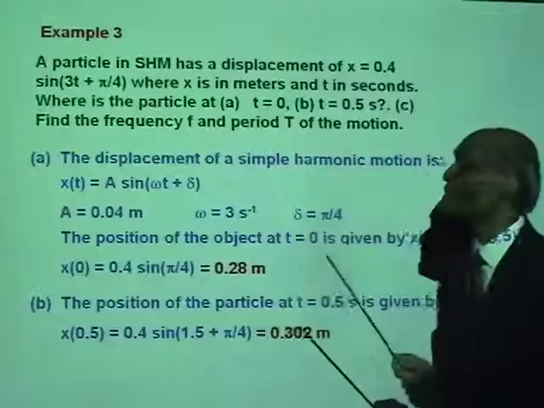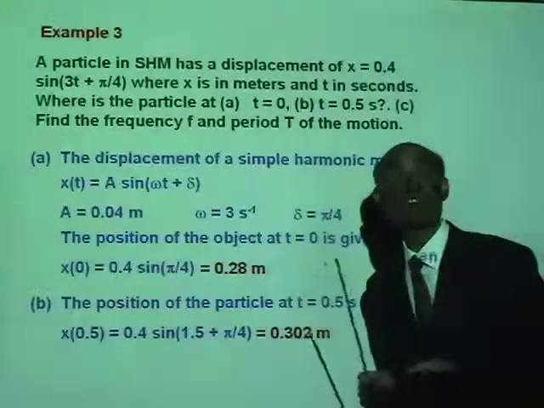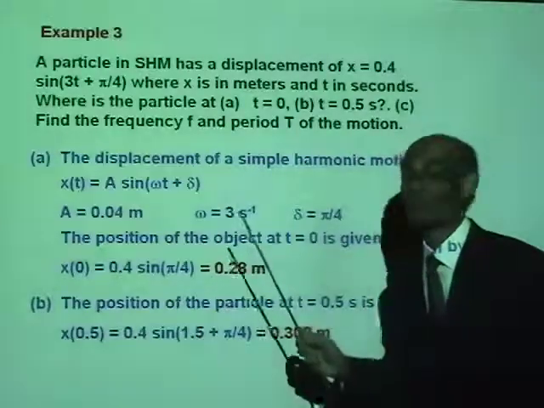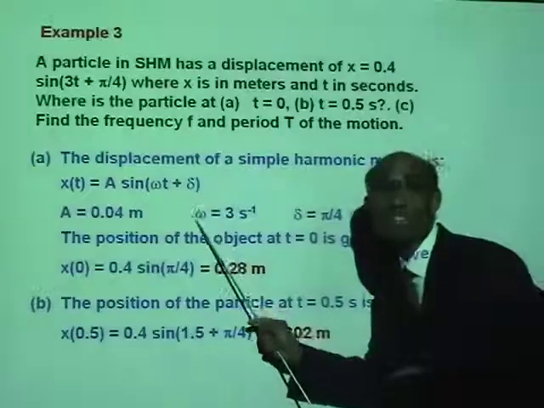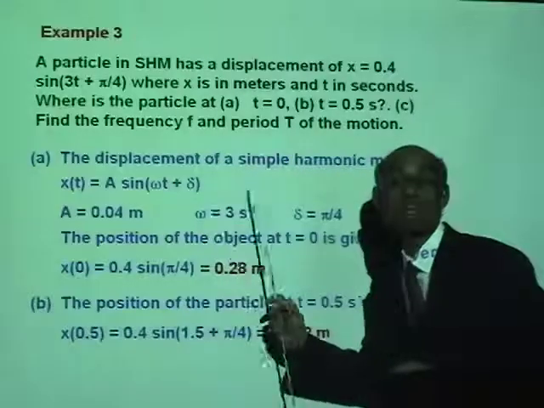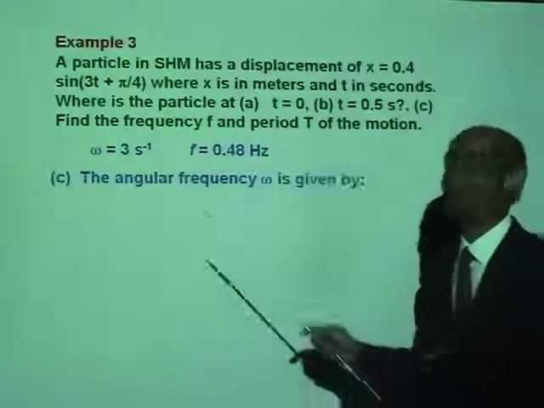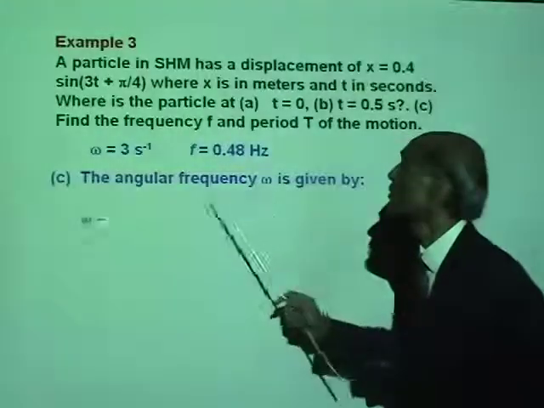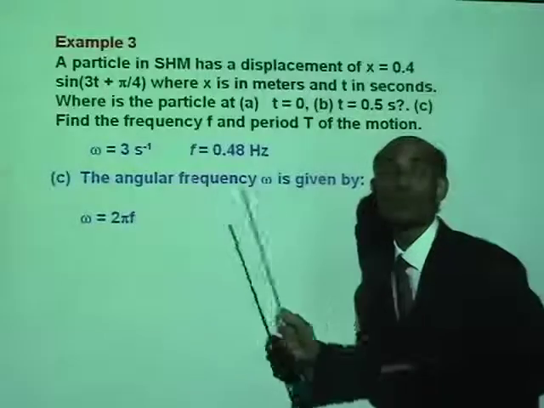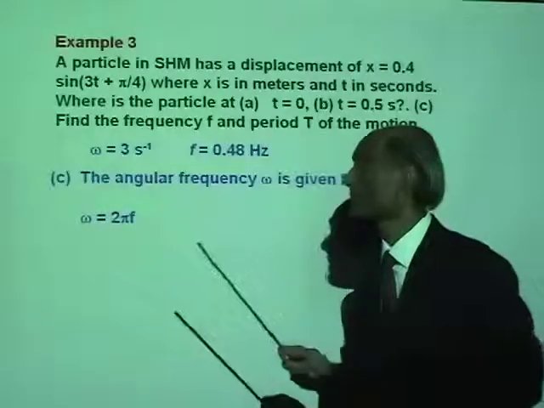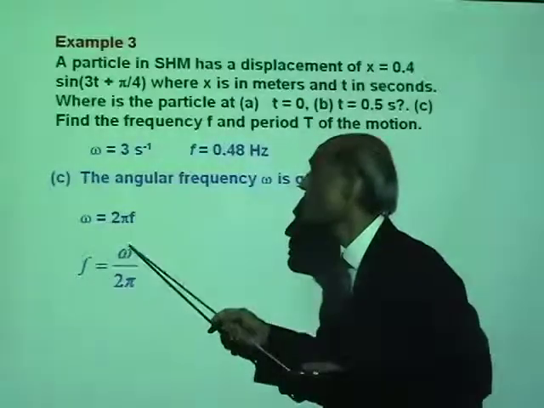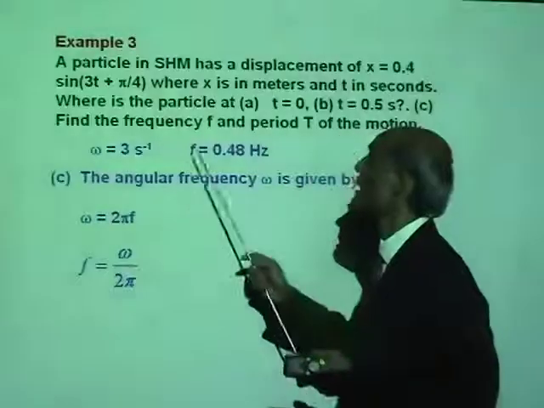Find the frequency f. Where are you going to get the frequency from? Well, the frequency is contained in omega. Omega equal to 2 pi f. So the angular frequency omega is given by omega equal to 2 pi f. Therefore, f equal to omega divided by 2 pi.